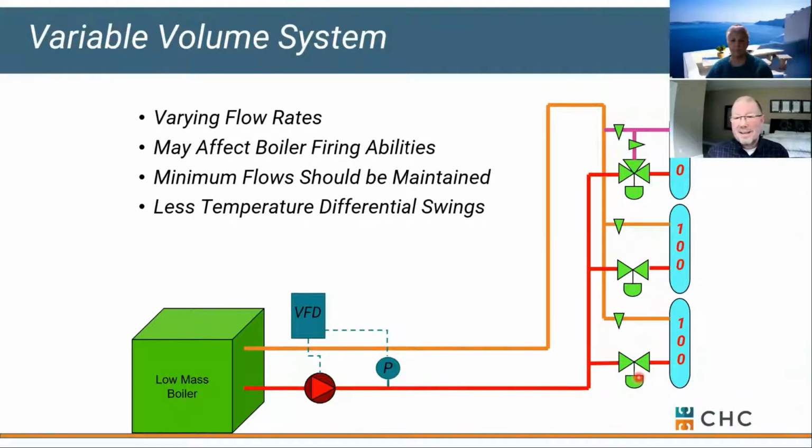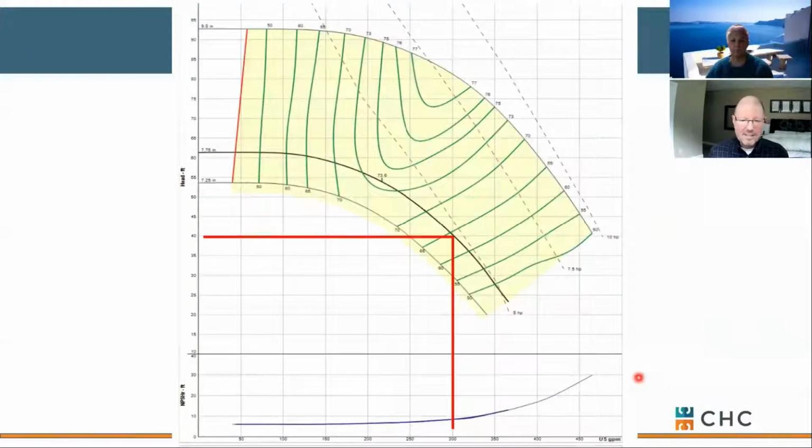If we break this down into a pump curve, let's say our pump's chugging along at 300 gallons a minute with all valves open, putting out about 40 feet of head, and we close one of those two-way valves. Now our pump says, wait a minute, I can't get 300 through the system, I can only get 200.